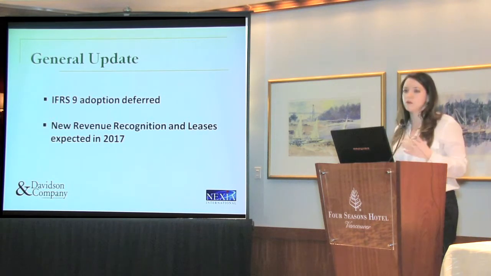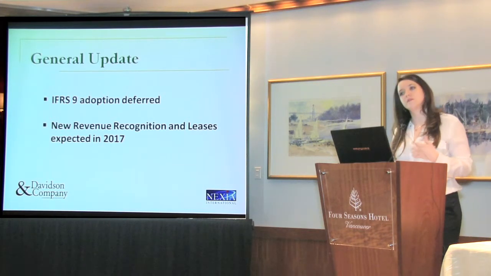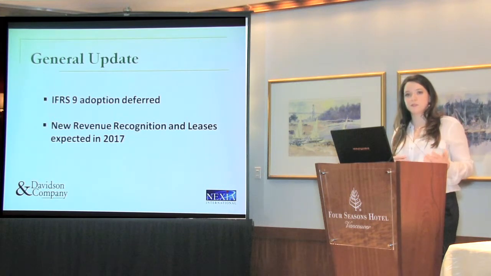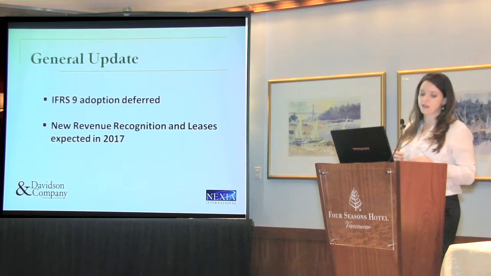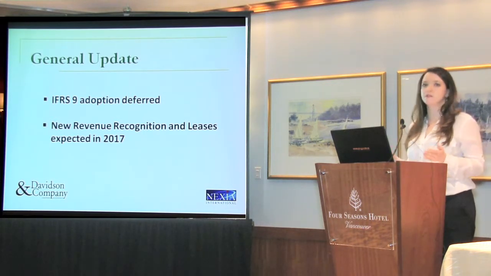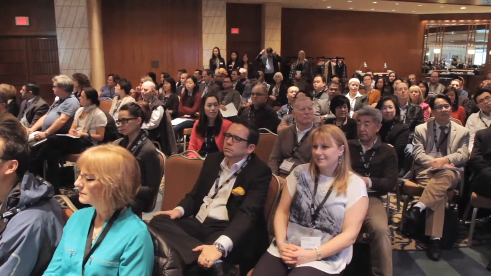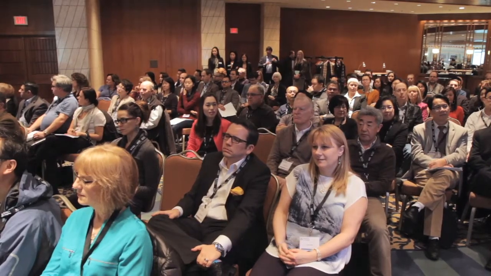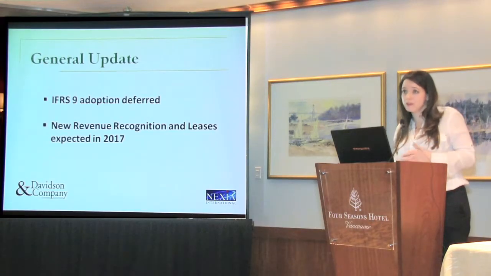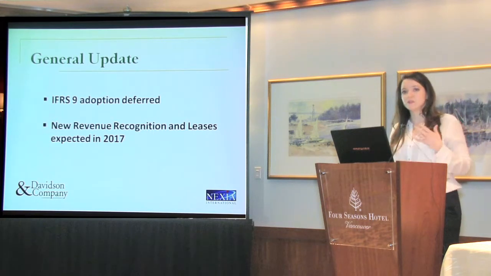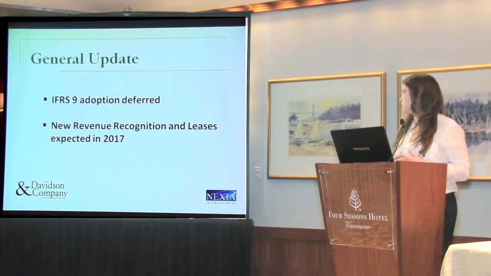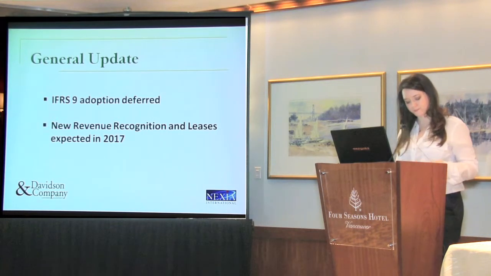One of the big ones that most people have been disclosing is IFRS 9, which was projected to be adopted in 2015. But just recently, last November, the IASB actually deferred the adoption of it indefinitely. So we don't know when it'll be adopted. We don't know what it'll look like when it is to be adopted. So I would suggest it might be something you could consider cutting out of your MD&A and financials, because we don't know when it'll be effective.